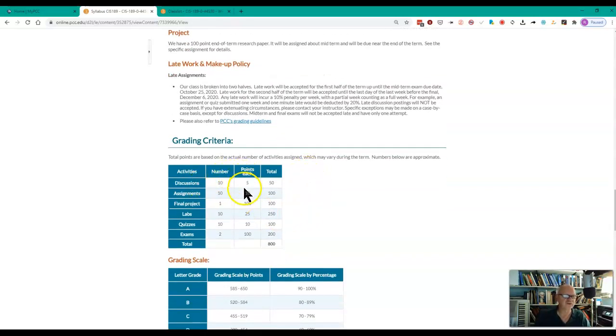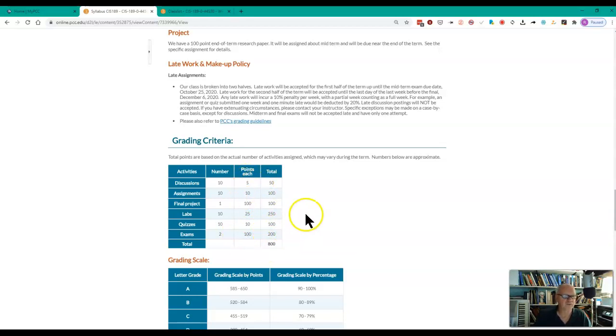Now, as far as these points, you see how many of each of these things we have: discussions, assignments, final project, and so on. So this is how many points each one is worth. However, we have some flexibility in the class, and so maybe an assignment, I throw an assignment out for some reason or something like that, or add something. That means that these point values will change.